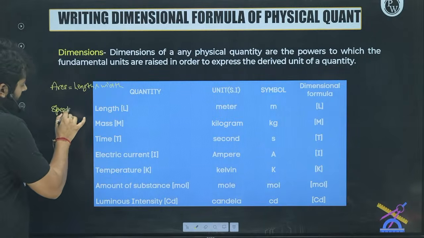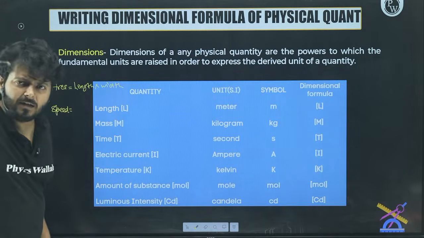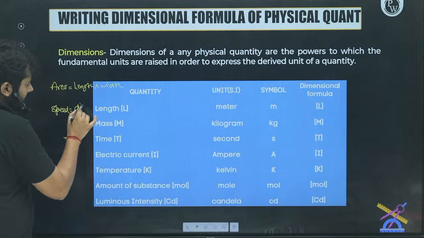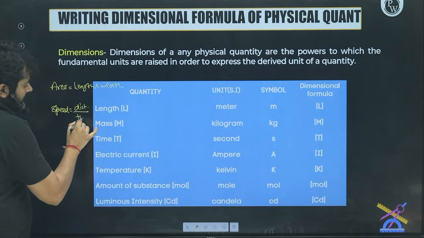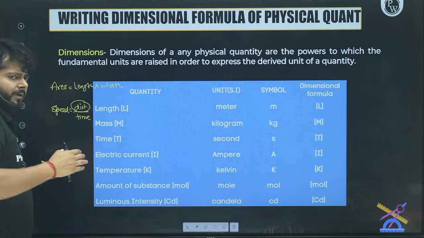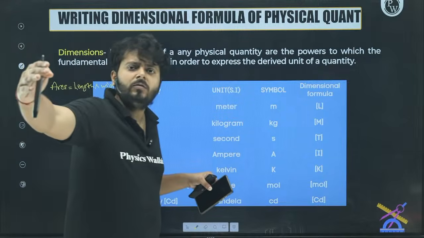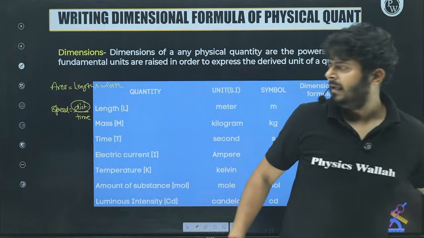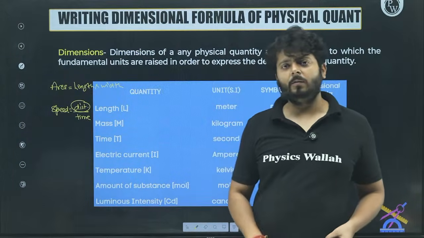Exactly, it's a derived quantity. It depends on fundamental quantities. Measurement of distance is measurement of length of the path, which is a fundamental quantity, and time is another fundamental quantity, right?